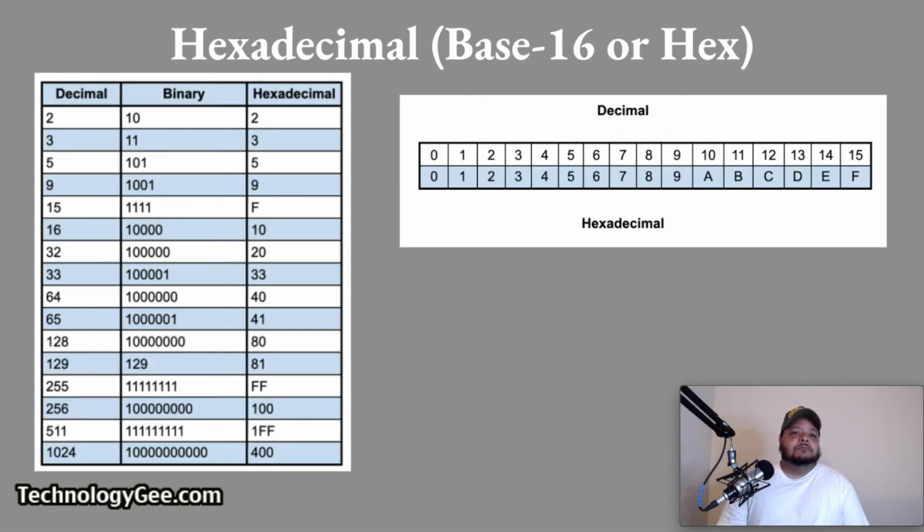All right, so let's get back to this chart over here. We've got decimal, binary, and hexadecimal on this left-hand chart. If we go down and look at the decimal number 15, you'll see that it is written in binary as 4 ones, 1111.